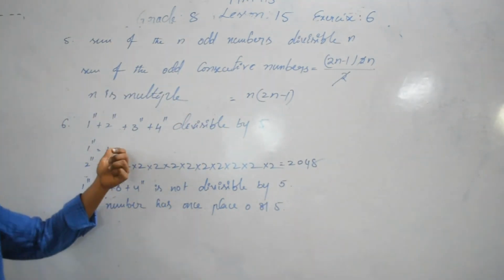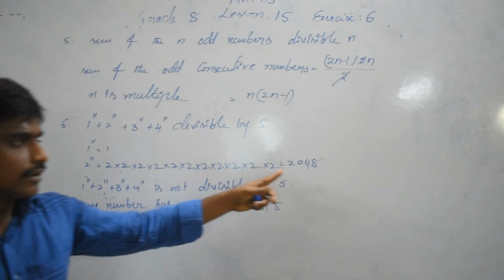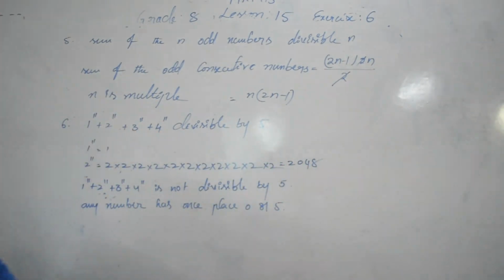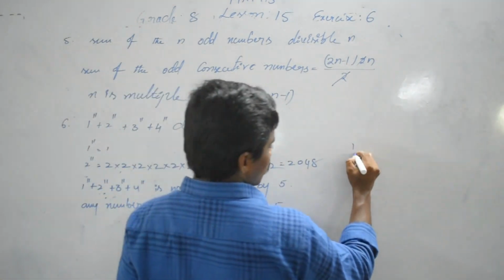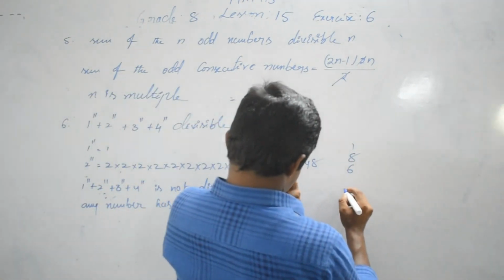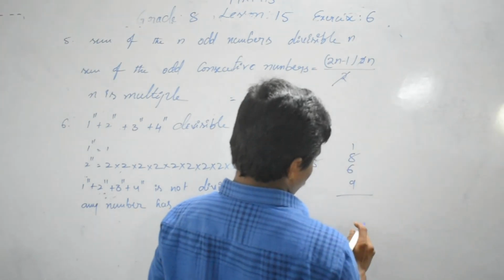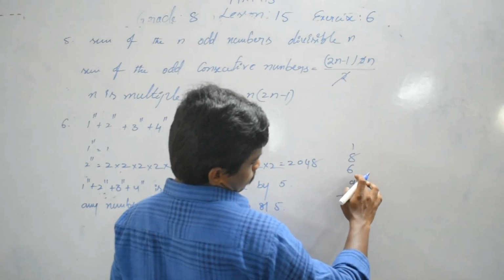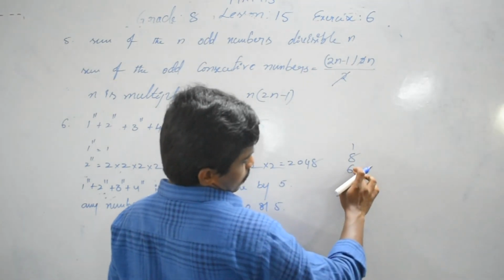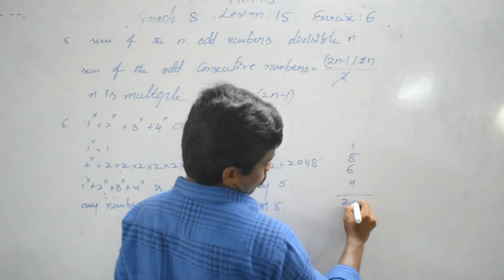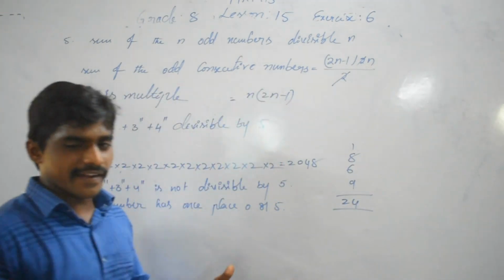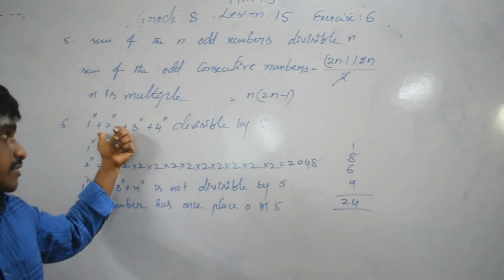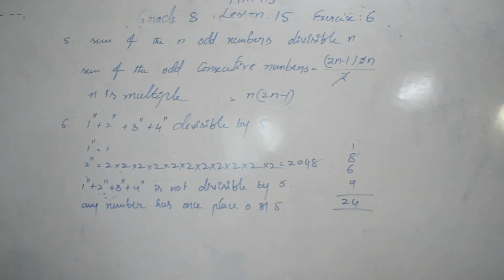So here, see the ones places: 1, 8, 7, 4. Adding the ones digits gives 1 plus 8 plus 7 plus 4, which is 20 in the ones place. So this sum is divisible by 5.